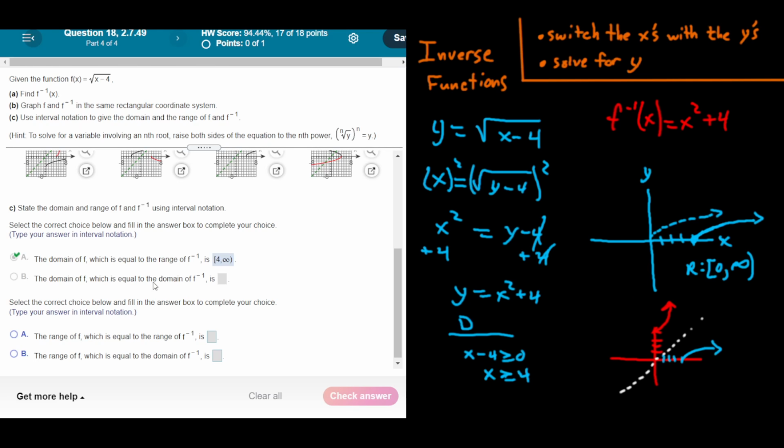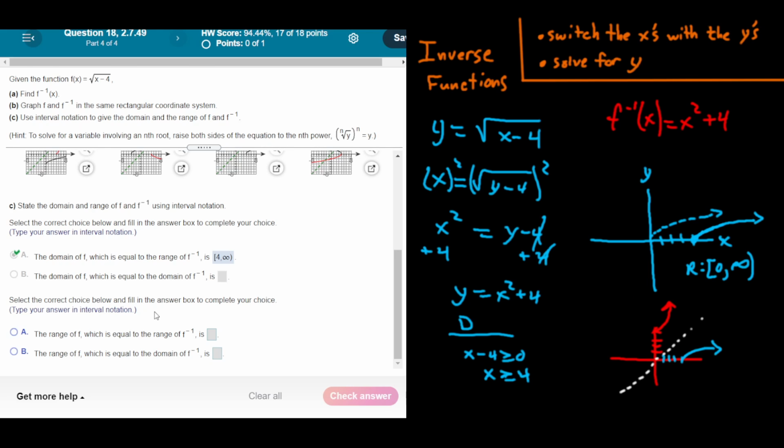No. The domain of your inverse is always the range of your original and vice versa because you switch the x's and the y's, right? You don't want to ever keep your x's the same. Remember, domain is x, range is y. You want to switch them and mix them up, but not mix them up so you get it wrong. You know what I mean? Okay, the range of f should be the domain of your inverse. So we got to choose B. They're trying to get you. So look out for that on your exam.